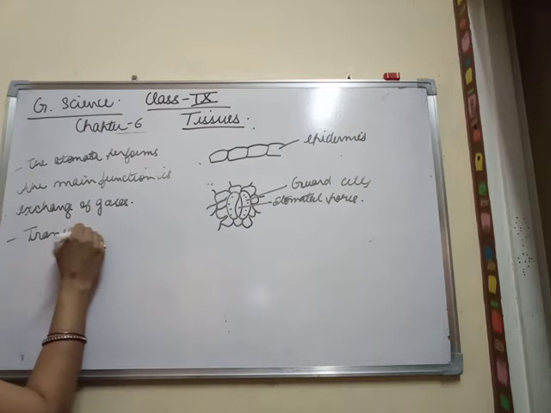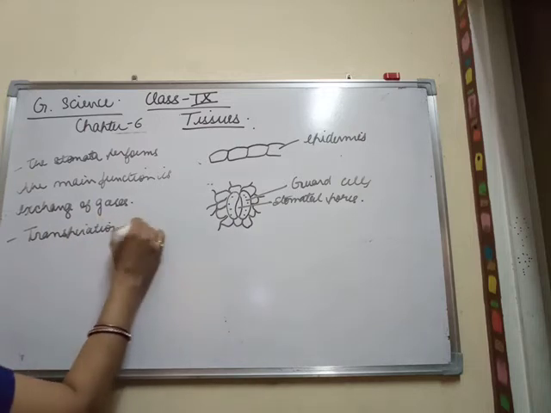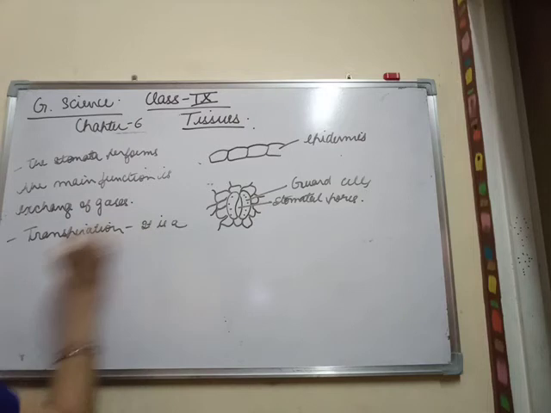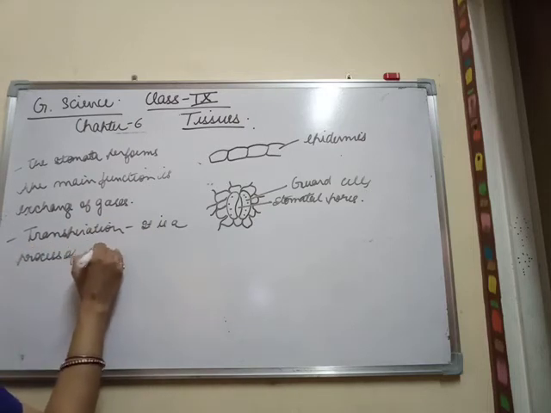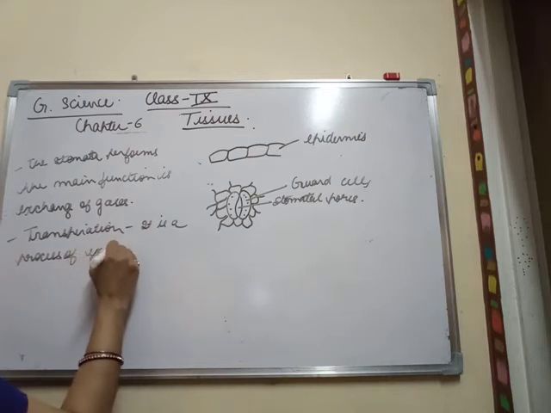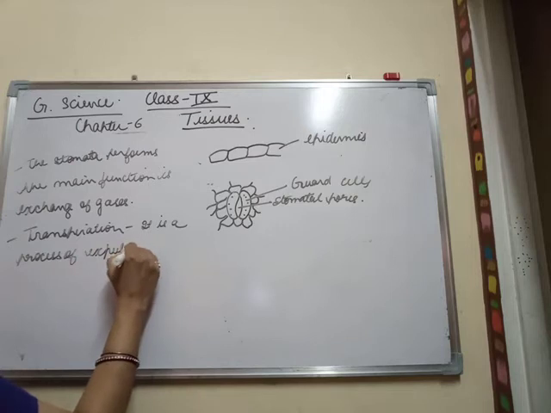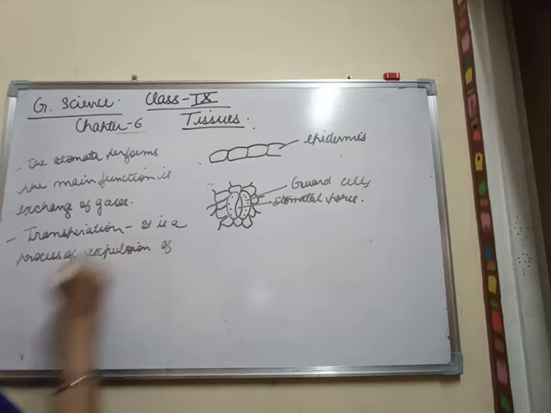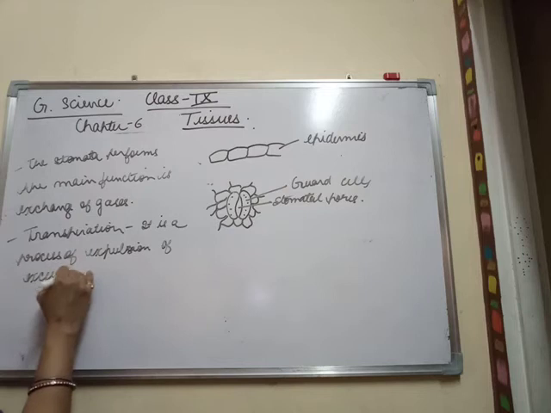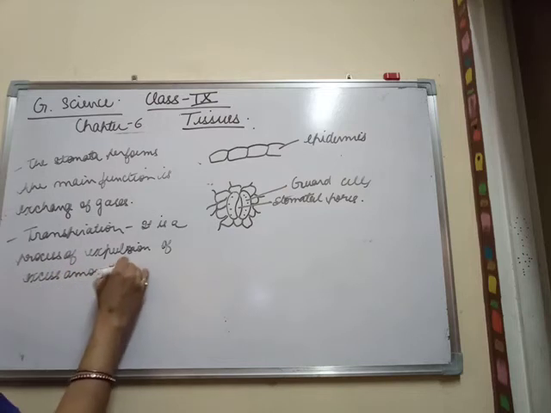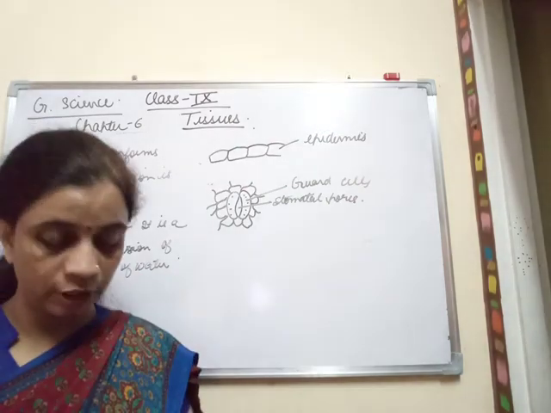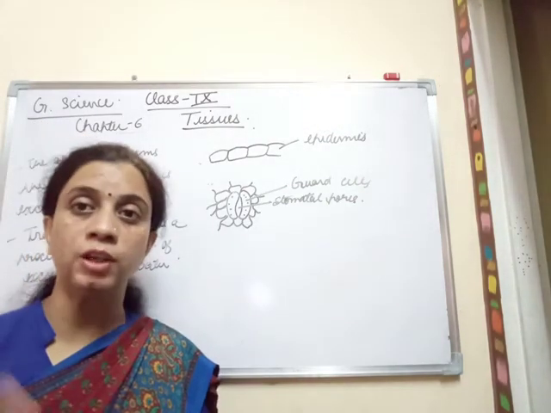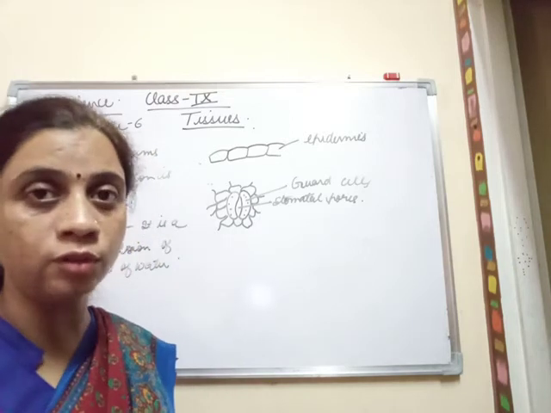Transpiration is a process of expulsion or elimination of excess amount of water. So this is in general what you people see whenever you are going to take a cross section of any of the plant parts.